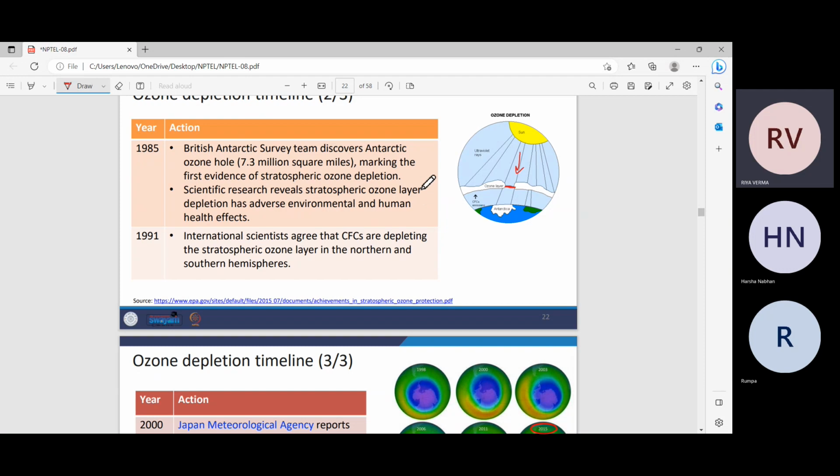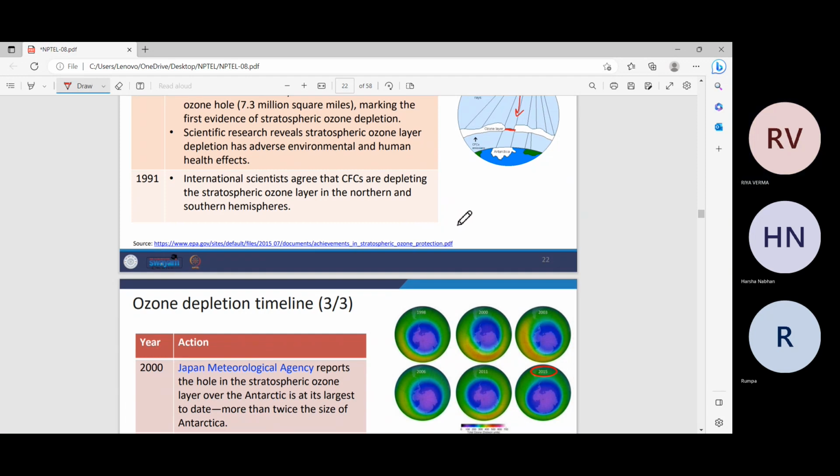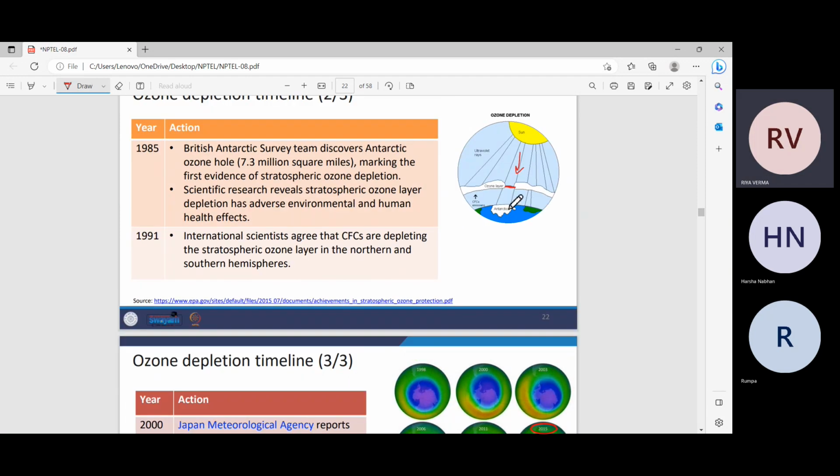Then in 1991, international scientists agreed that CFCs are depleting the stratospheric ozone layer in the northern and the southern hemispheres. Basically, these are the colder regions, and the effect of ozone depletion is quite visible because the glaciers are melting, and the water level of the sea is rising due to this.